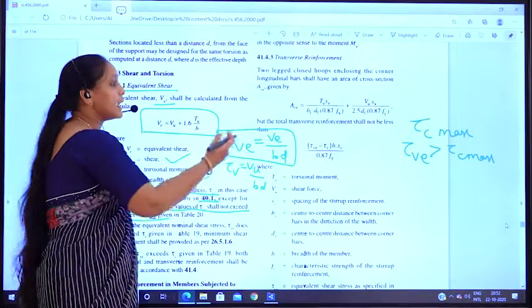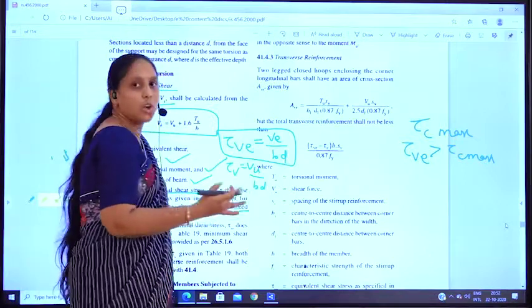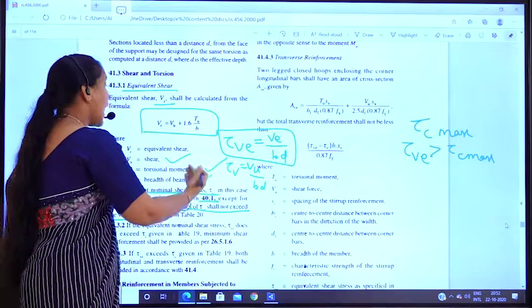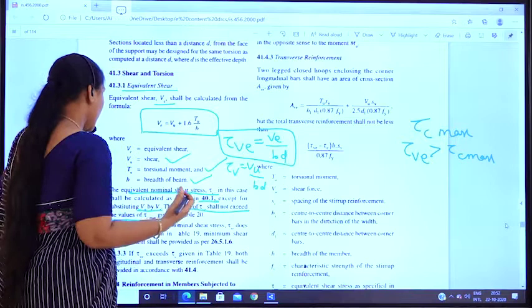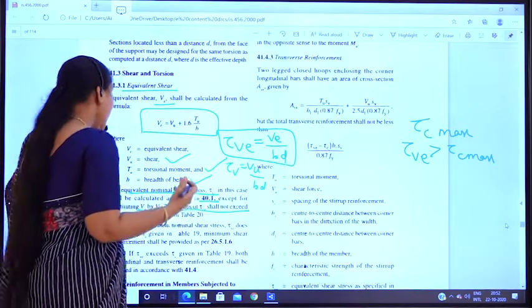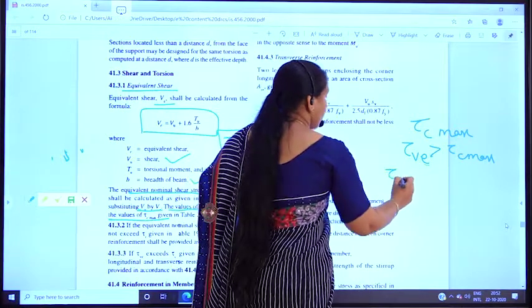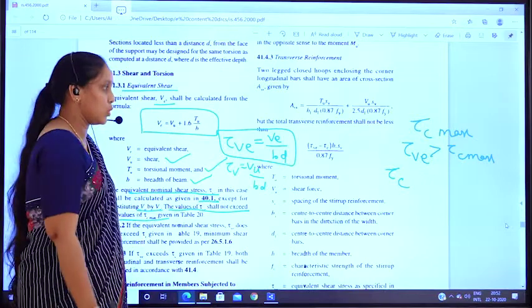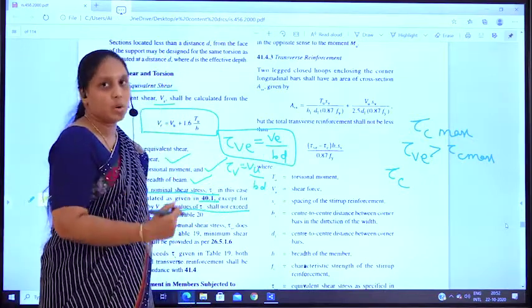Tau C max is taken from table 20 of IS 456-2000. After checking this, the next step is to calculate the tau C value from table 19 of IS 456-2000, and compare the tau VE and tau C values.